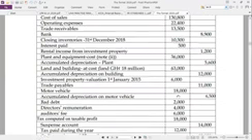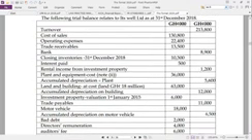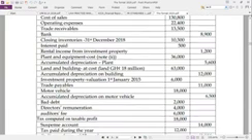What's the debtors figure? The debtors figure is trade receivable, not trade payable.